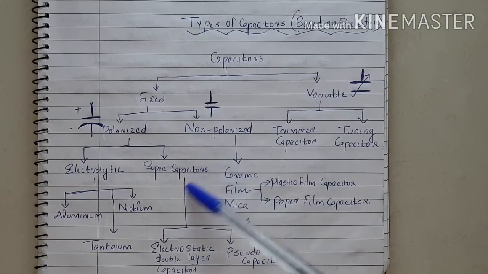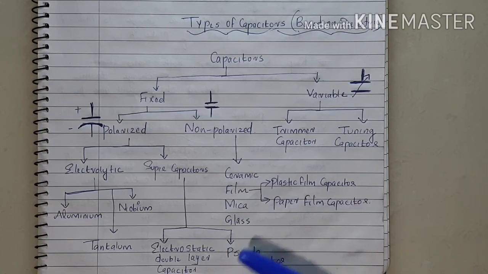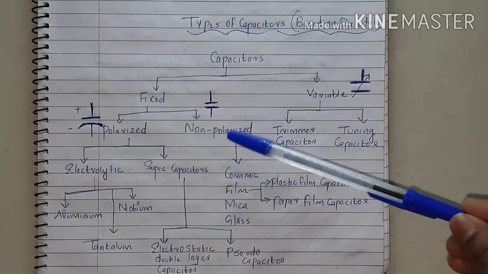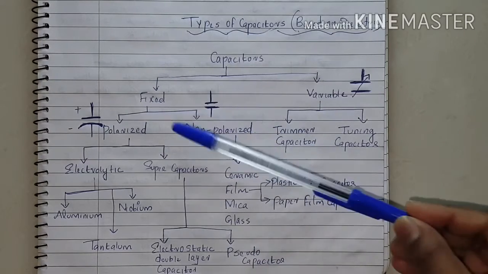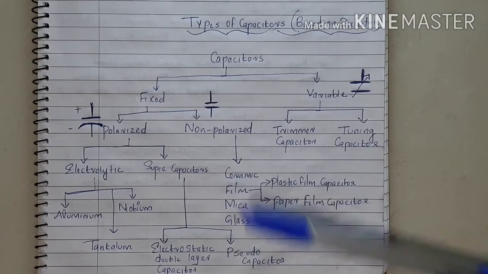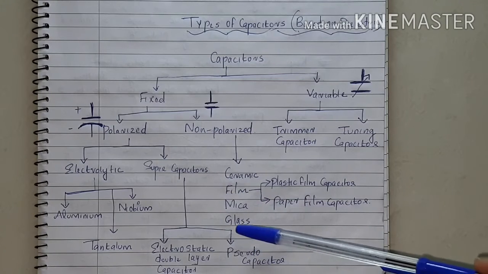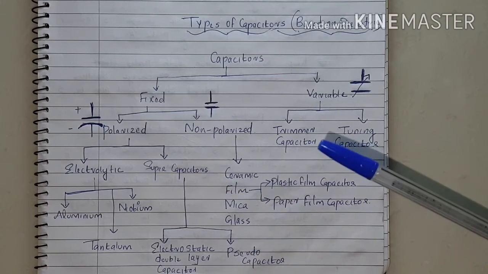And the supercapacitor is classified into two types mainly, that is electrostatic double layer capacitor and pseudocapacitors. And the non-polarized fixed capacitor is classified into four types. One is ceramic capacitor, second one is film capacitor, third one is mica capacitor, and fourth one is glass capacitor.